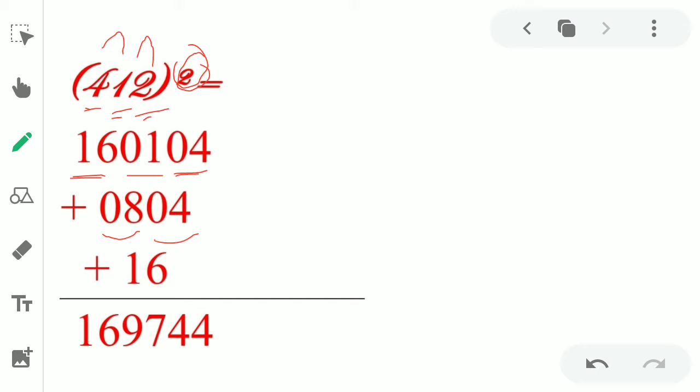Now, next step is we will multiply these 2 digits 4 and 2. We will get 8. We will double it. We will get 16. We will write in the middle and add to the above number. We will get 169744.